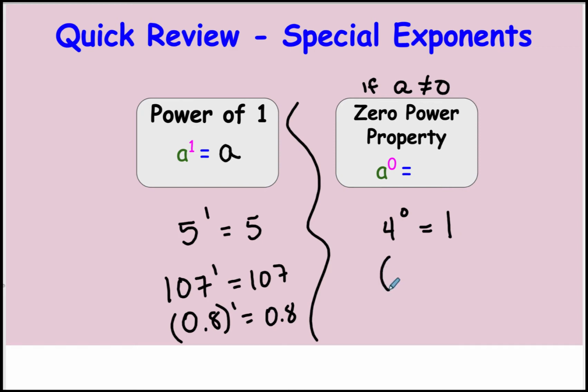So if it's a fraction, like 2/3, and you raise it to the 0 power, it would be 1. If the base is negative, and you raise it to the 0 power, its output would also be a positive 1. So any real number, except for 0, raised to the 0 power is equal to 1. Any real number raised to the first power is itself.